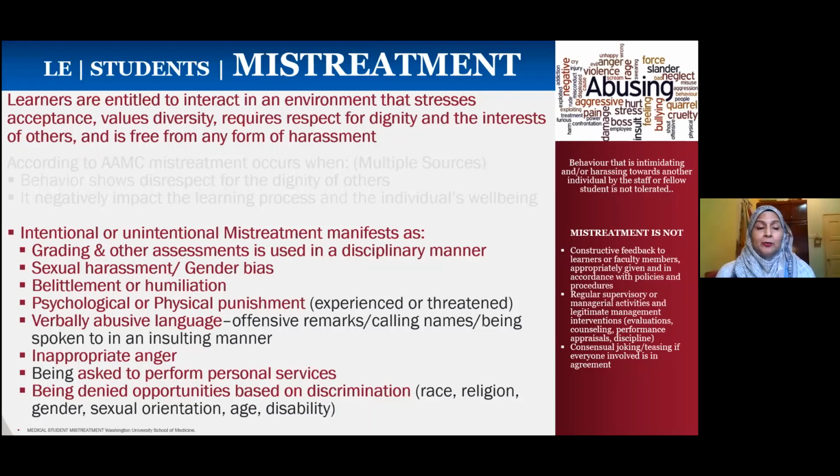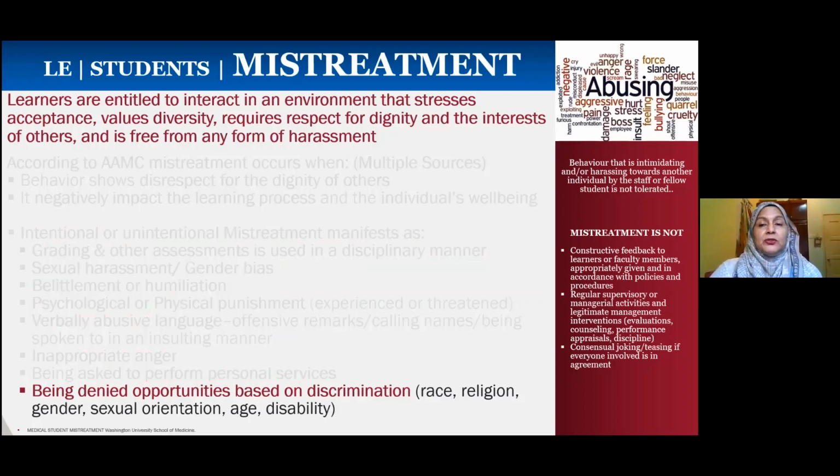Showing inappropriate anger, shouting at the students, being asked to perform personal services, being denied opportunity based on discrimination by race, religion, gender, sexual orientation, or disability. All these are mistreatments, and the students can complain about it, and that can become a big issue for the university.